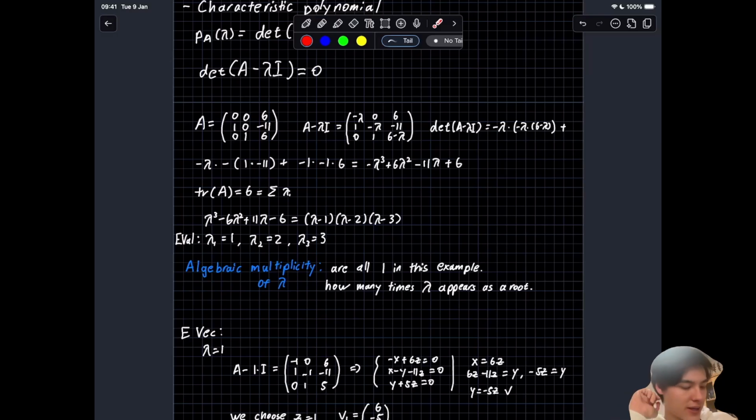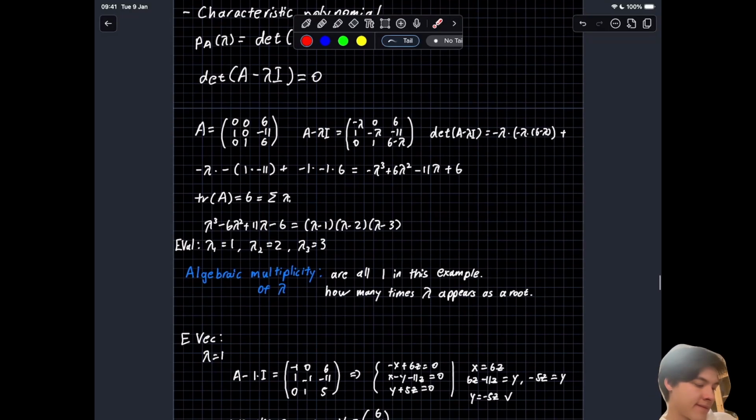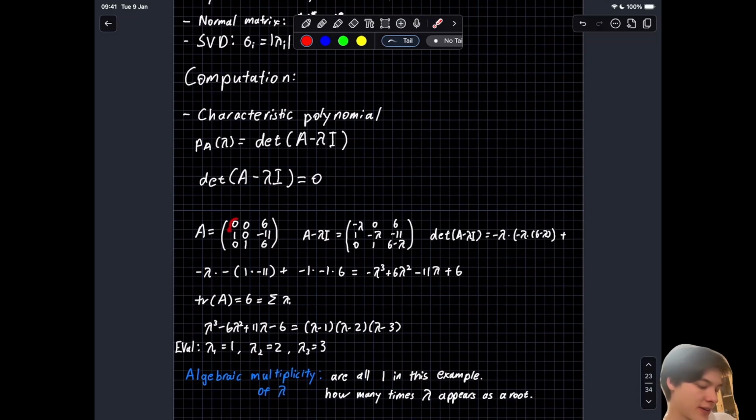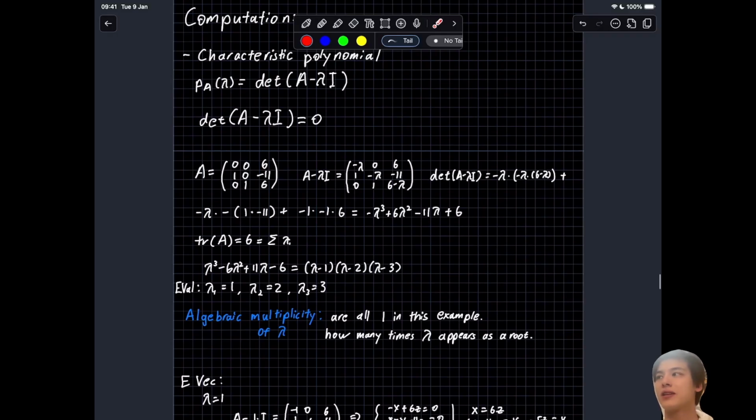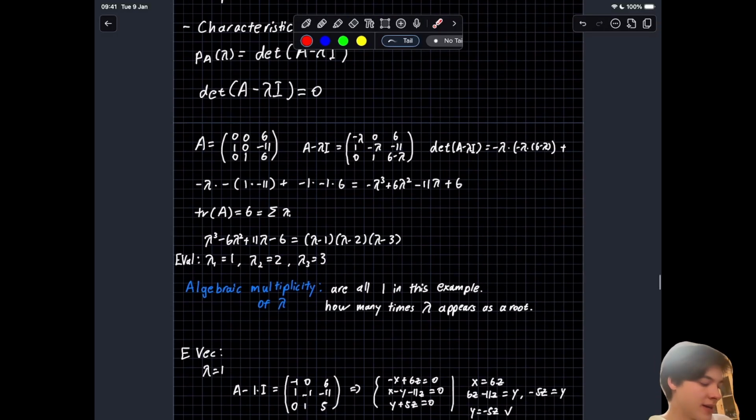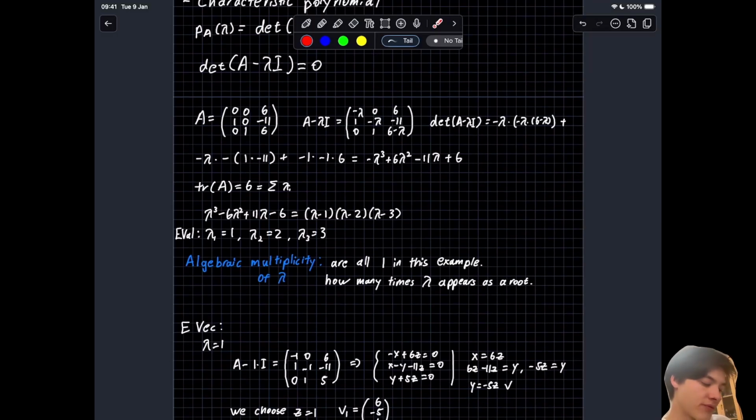So we see it's 6. You could also calculate the determinant of this, but I didn't do that. But then you can see what all the numbers multiplied should be, and then you can guess one of the eigenvalues, and then you can divide it, and then you can get your equation. Or if it's quadratic, you can just use the quadratic formula.